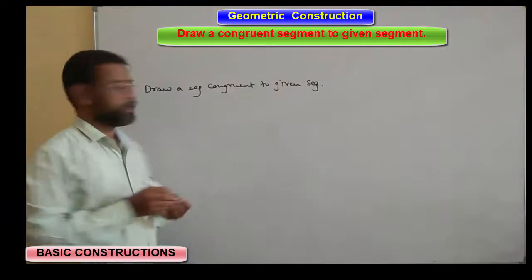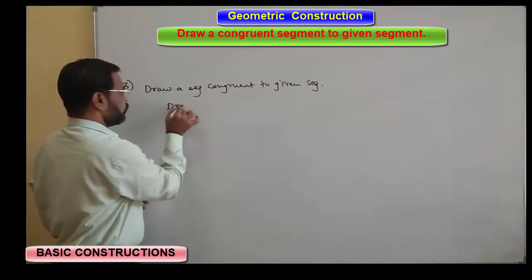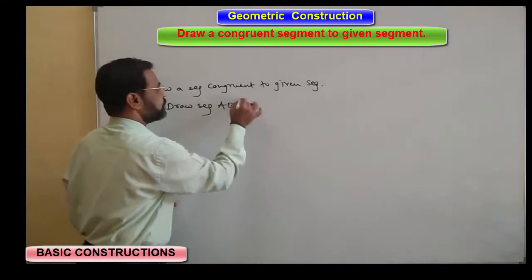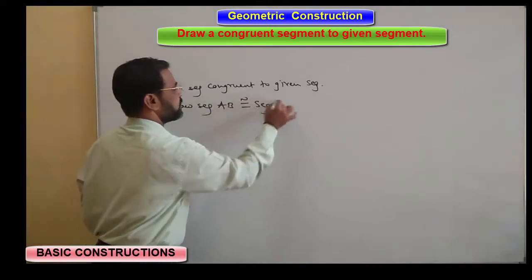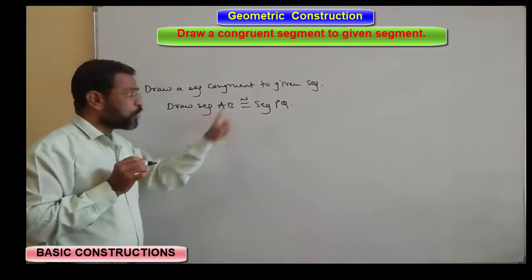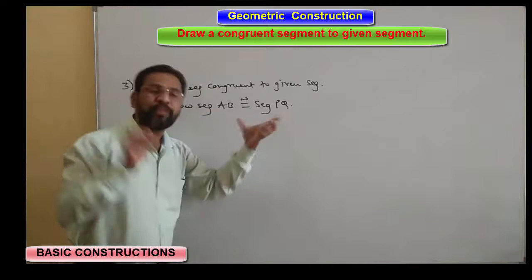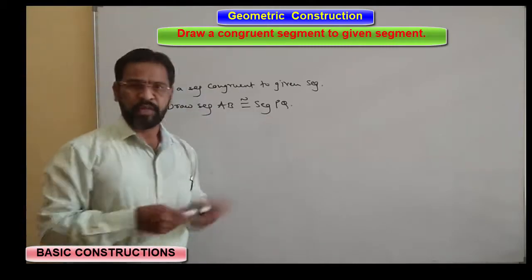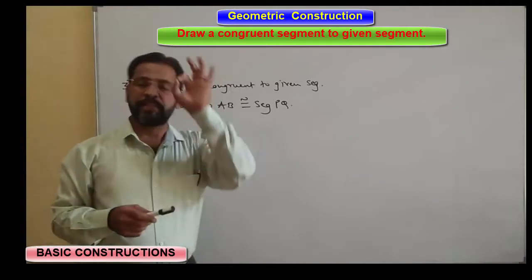Here I am going to draw seg AB which is congruent to seg PQ. Means seg PQ is given and we are going to draw seg AB here. Okay, so both these are exactly congruent.